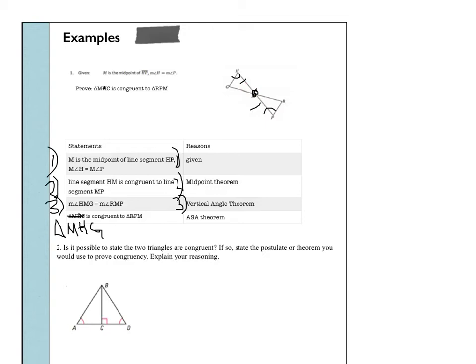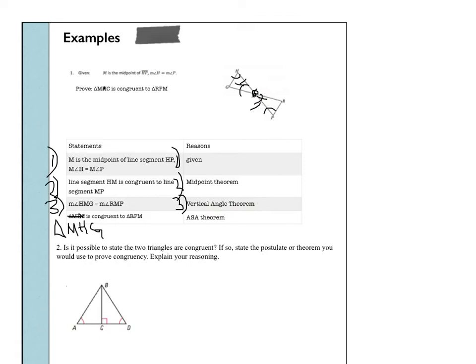So I know that the measure of HMG is equal to the measure of RMP. So this angle right here and this angle right here. And I know that because of the vertical angle theorem, because this has to be congruent to this vertical angle theorem.